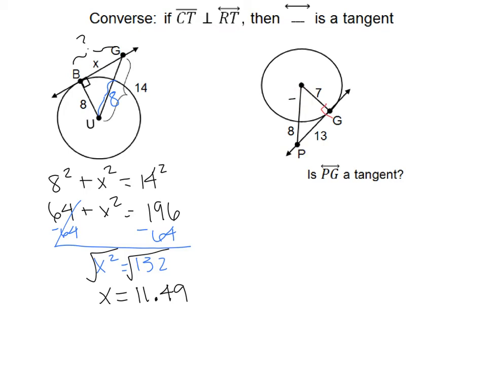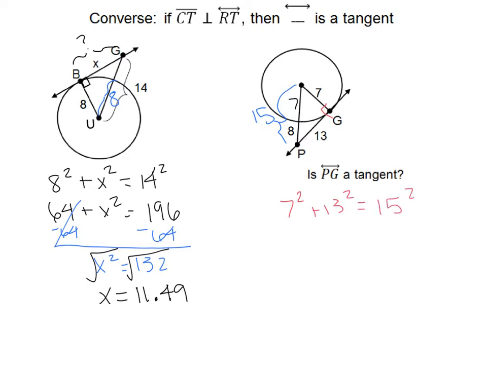So that little piece right here is the radius, which is 7. So notice I put a 7 here. So this part right here is really 7 plus 8, which is 15. So let's see if Pythagorean theorem would actually work here. I have 7 squared plus 13 squared, and it's supposed to equal 15 squared.